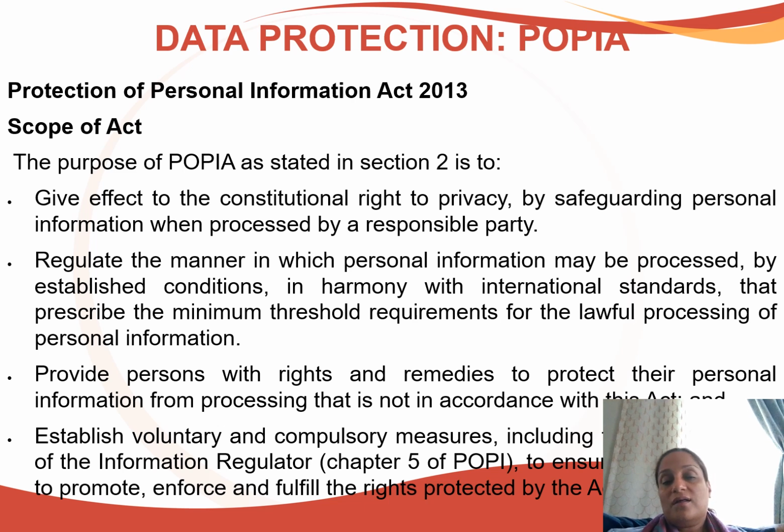And really, because we have a right to privacy in our Constitution itself, from that point on, make sure that people don't monetize your information without your consent. And it establishes compulsory and voluntary measures, provides people with rights and remedies, and what can you do if somebody takes your information?